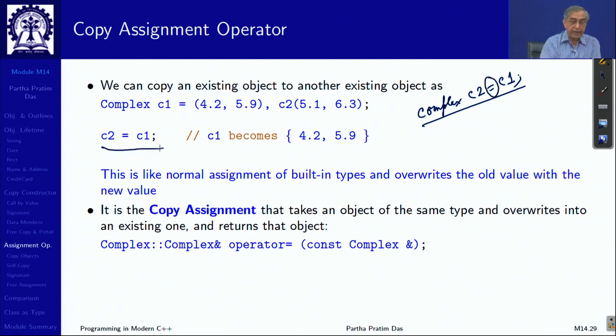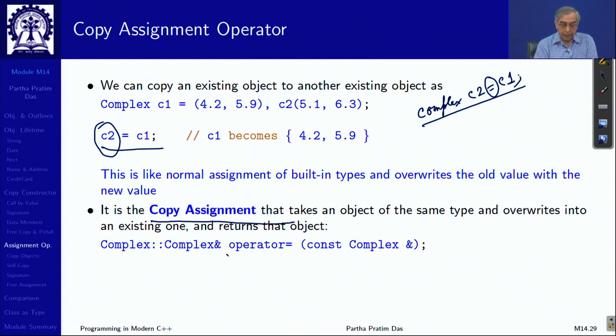But if C1 and C2 are both available, and I simply write a statement copying C1 to C2, then I need a copy to be done, which means that I would like to erase the values in C2 and override them with the values in C1. So, this is an assignment. This is called copy assignment or assignment.